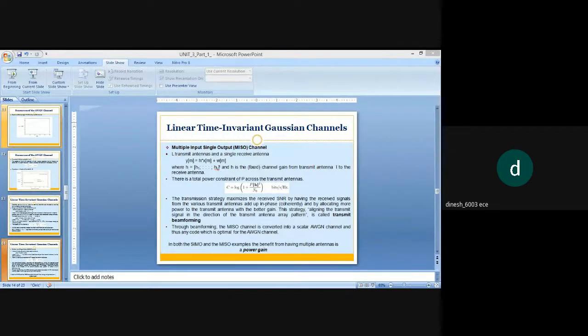So the maximum rate or data rate of reliable communication will become summation n=0 to Nc-1 log(1 + P_n |h_n|^2 / N_0) bits per OFDM symbol.